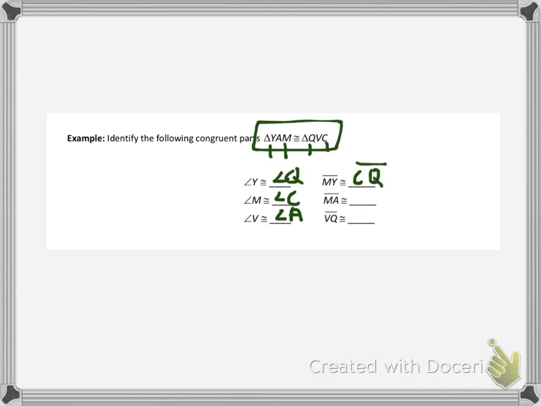Line segment MA would be congruent to line segment CV. The position in the congruent statement is absolutely essential. Line segment VQ goes from the second to the third in the congruent statement, so that would be congruent to line segment AY.